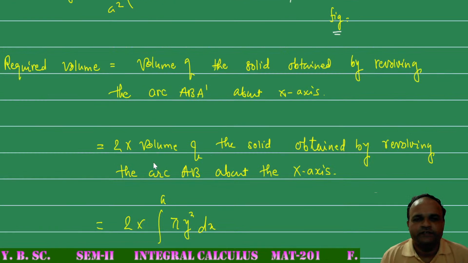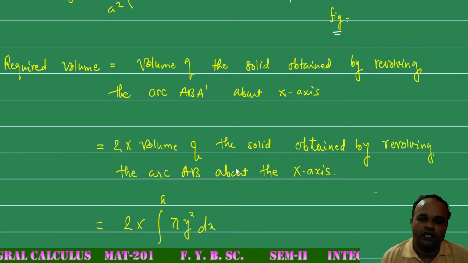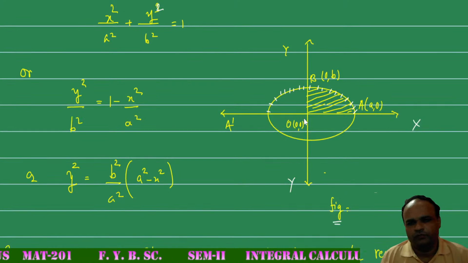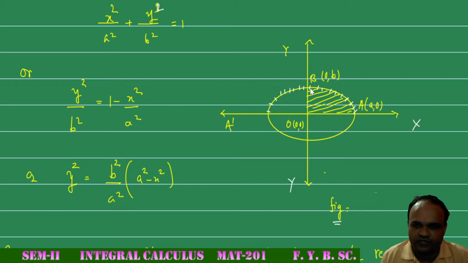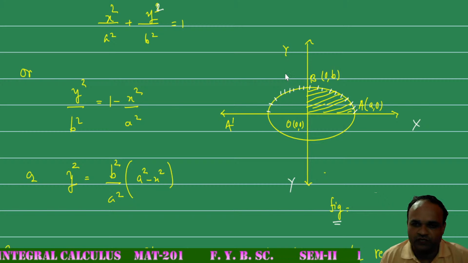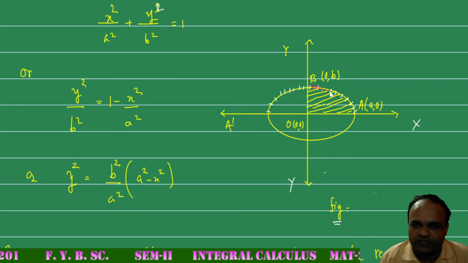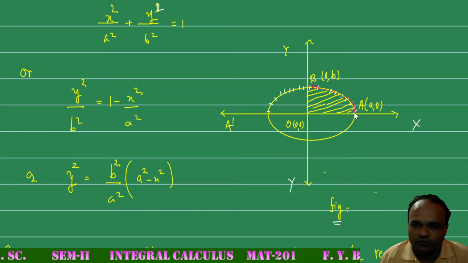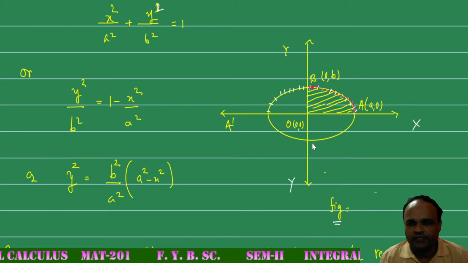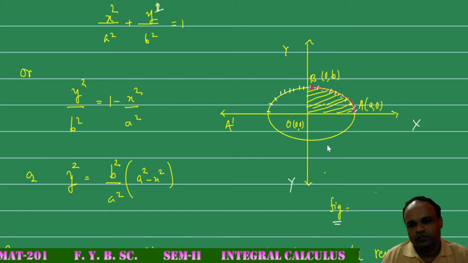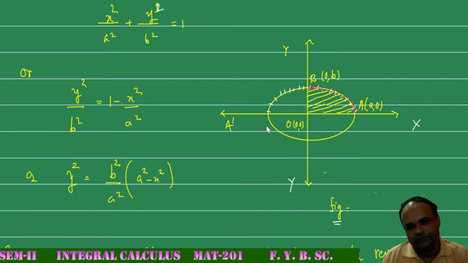We can write this resulting volume as 2 times the volume of the solid obtained by revolving the arc AB about the x-axis. So instead of revolving the arc A B A dash, we are just revolving the arc AB, means half of this arc, about the x-axis, and because of that revolution the required half volume will be generated.